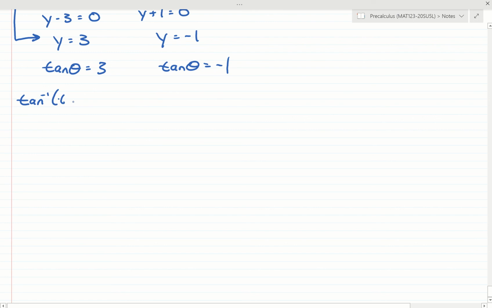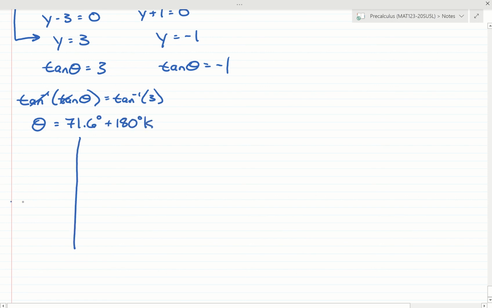The inverse tangent of theta would cancel these out, but we would also have to take the inverse tangent of 3. So if we type that into our calculator, the inverse tangent of 3 is 71.6 degrees. We'll add the period. 71.6 puts us right here, which makes sense. We're supposed to get a positive 3. We get a positive 3 there.